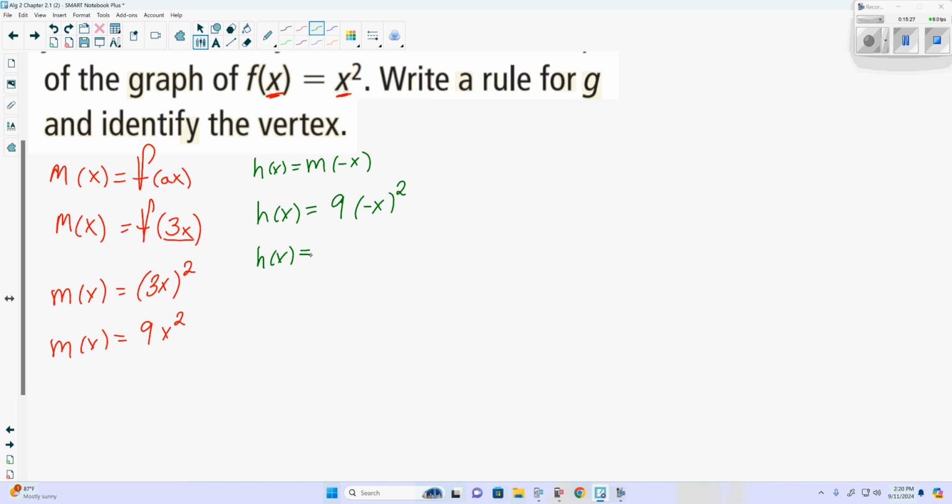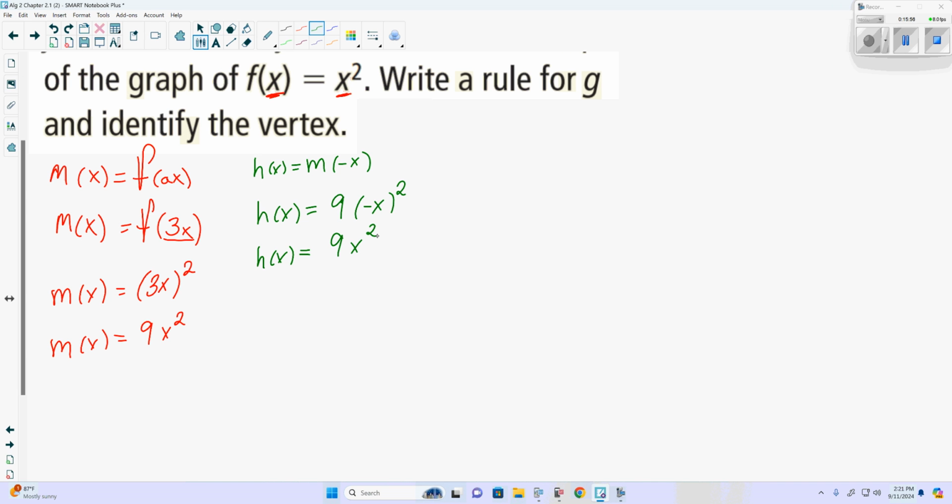Now, if we wanted to, we could leave it as 9 times negative x squared. Negative x squared, just like 3x, would be negative x times negative x. What's negative x times negative x? Positive x squared, so it tells us it's 9x squared. It really doesn't do a whole lot, especially when the vertex for this is on the origin.